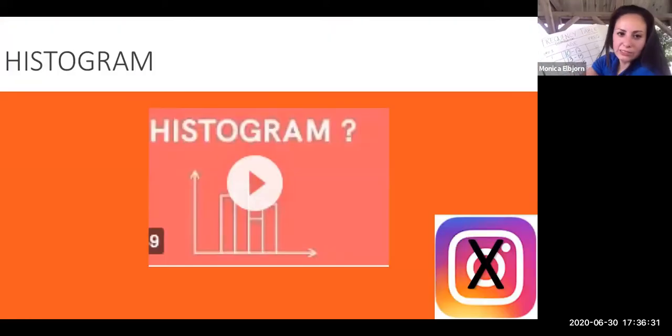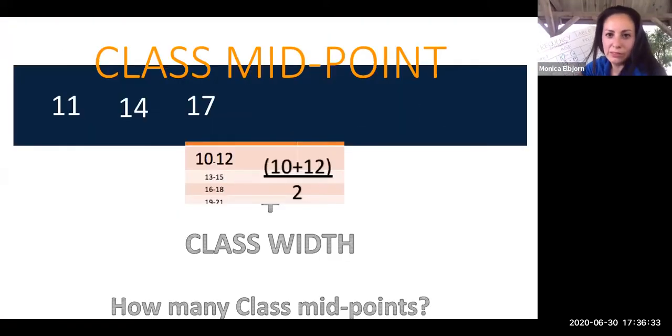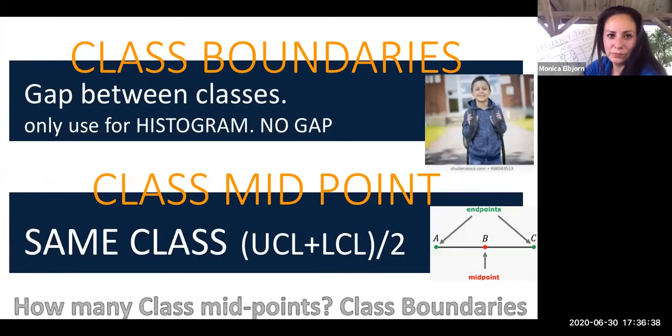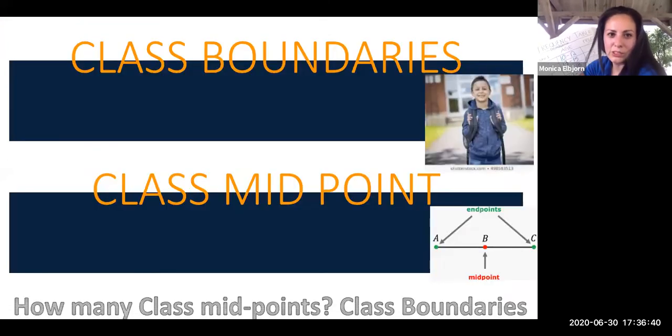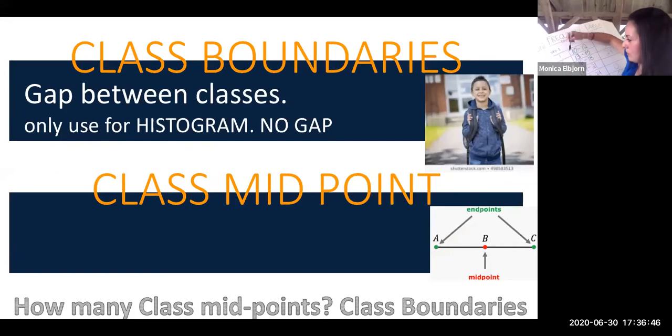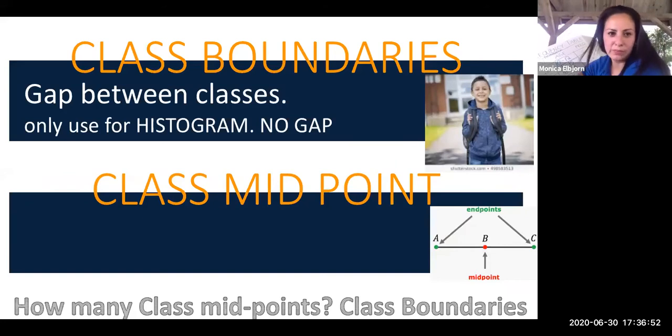Let me go back to the slides. Our class boundaries are the gap between classes, which is this gap between 12 and 13, and it's only used for the histogram. That way we're gonna have no gap.